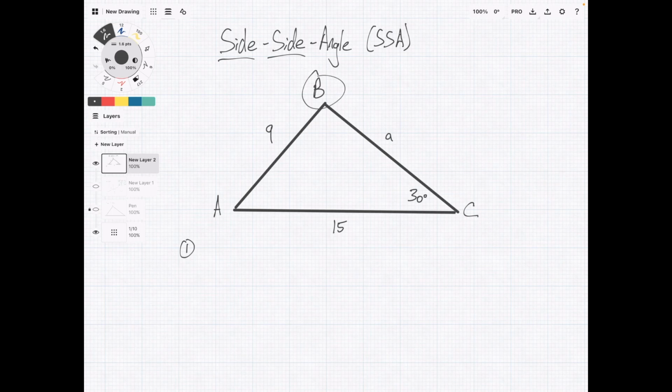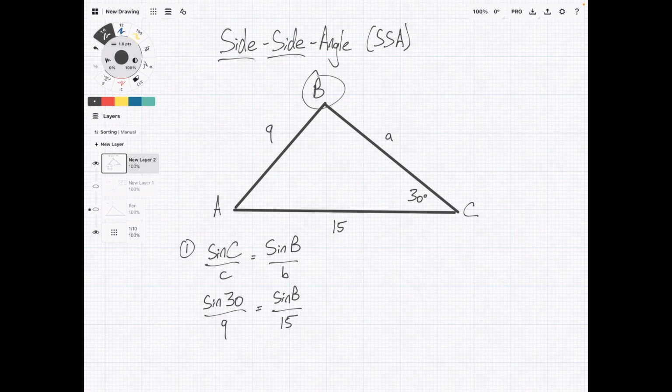We're going to start by doing sine of C over c equals the sine of B over b. Okay, from here we can basically just plug in the values that we know. So sine of 30 over 9 equals sine of B over 15.